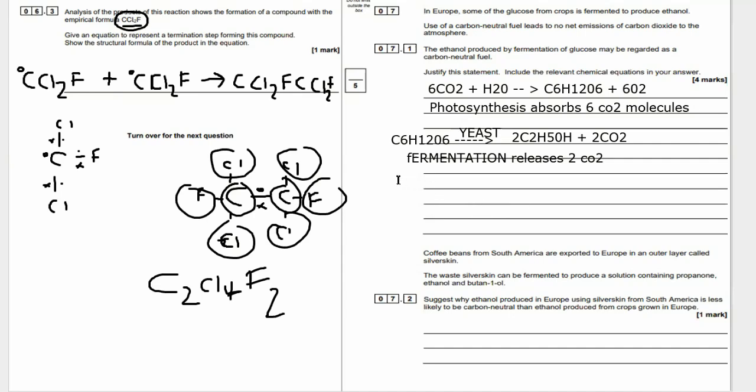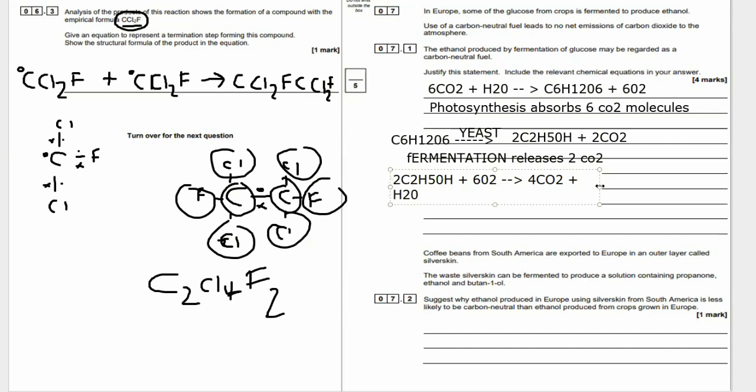Well, in a country like Brazil, they use biofuels like ethanol in the cars for combustion. So we're going to take that and burn it by combustion with 6O2. And that is going to become 4 carbon dioxides plus H2O.